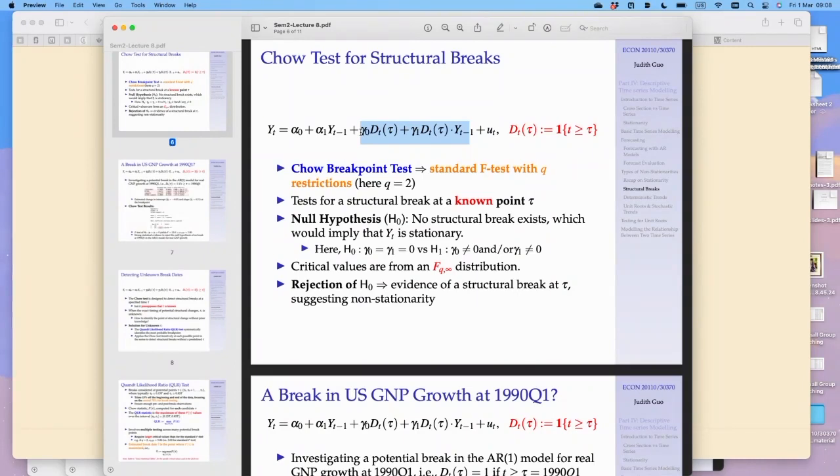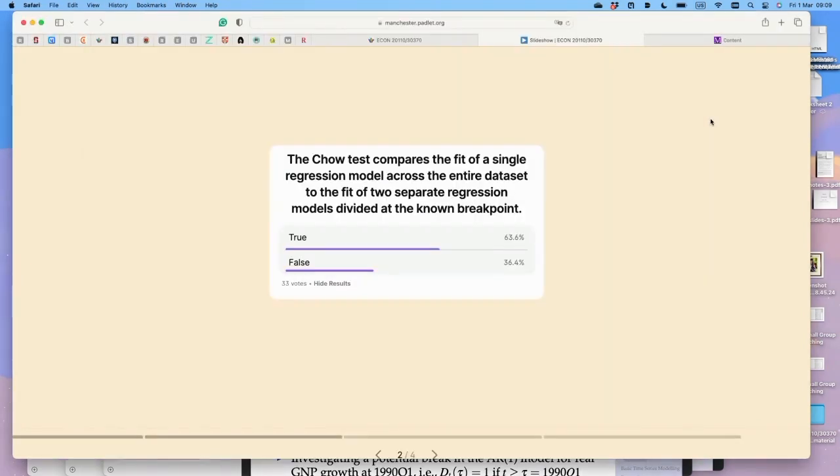Remember, the F-test is about comparing the model fit. Whether the model under the null hypothesis, the restricted model, or the model under the alternative hypothesis actually fits the underlying full sample data well. So therefore, this is a correct statement.